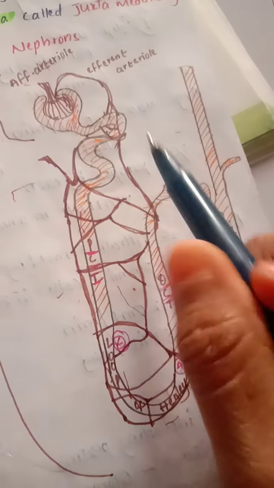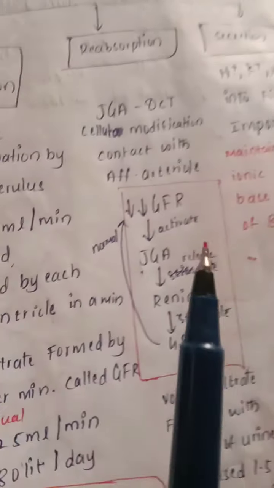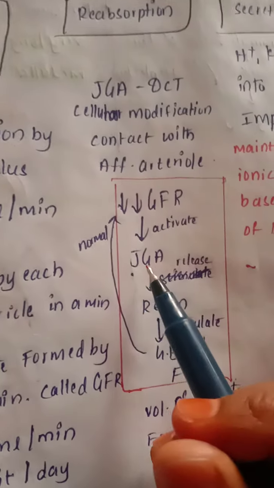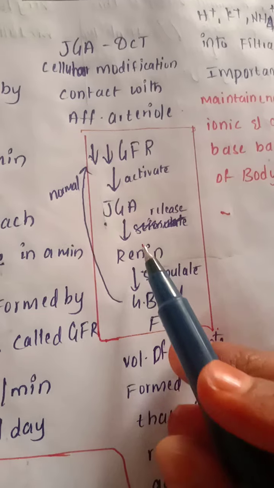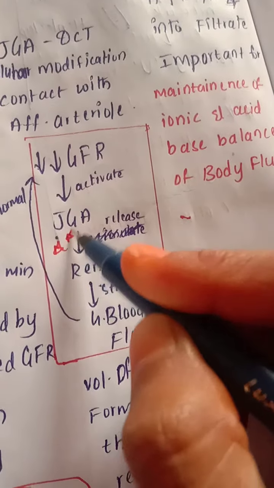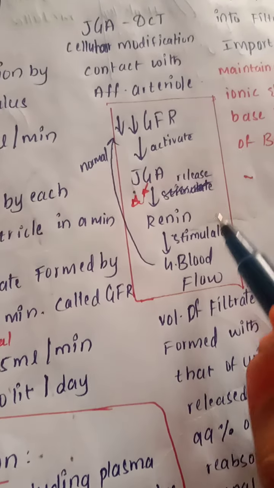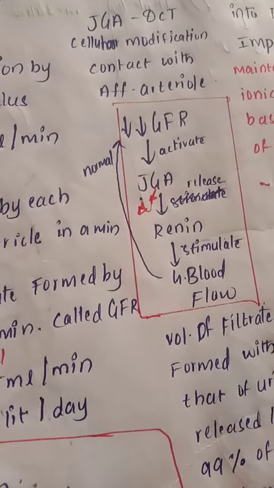It is called the juxtaglomerular apparatus. When there is a decrease in the GFR, it activates the juxtaglomerular apparatus, which releases renin, R-E-N-I-N. This is very important for the NEET exam. It stimulates the glomerular blood flow and leads to a normal glomerular filtration rate.